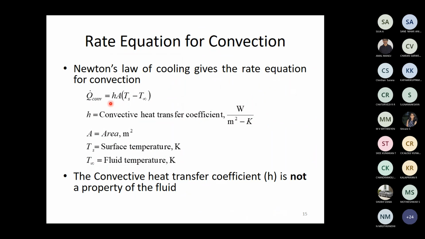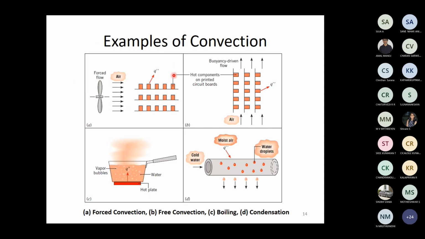For example, it depends on the orientation. It depends on the conditions. For example, in the case of forced convection, the value of H will be high, whereas in the case of free convection, the value of H will be low.